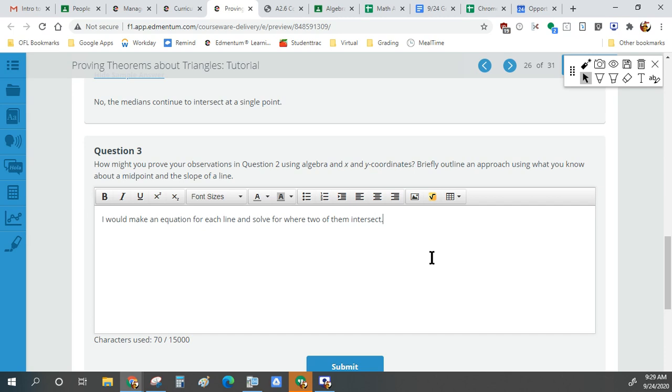If you took algebra recently, you might still remember that when two lines equal each other, they intersect at one point, right? So that's what I'm saying here.